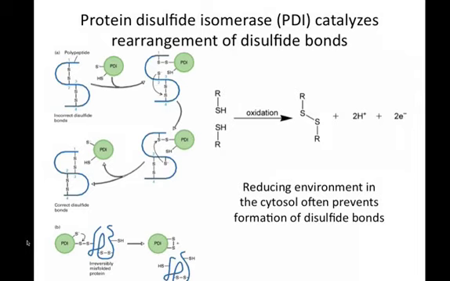And then the reducing environment in the cytosol is what normally prevents formation of disulfide bonds, and that's why you don't see that very much. Okay? Questions?